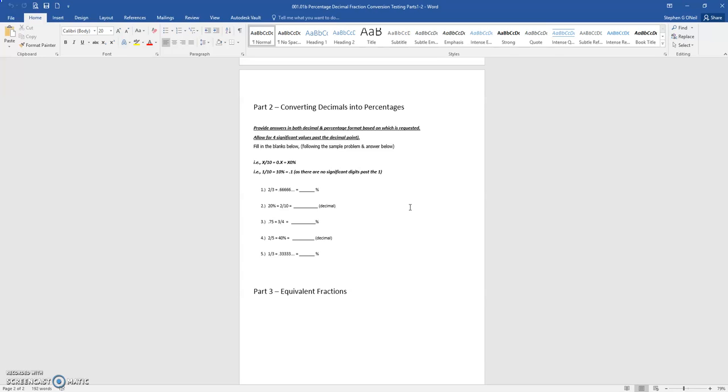In other words, if you've got 4 places past the decimal point for a decimal value, what does that equate to in terms of a percentage?